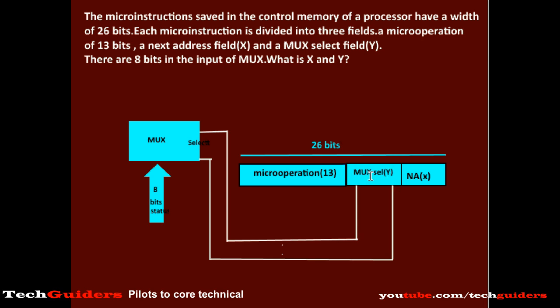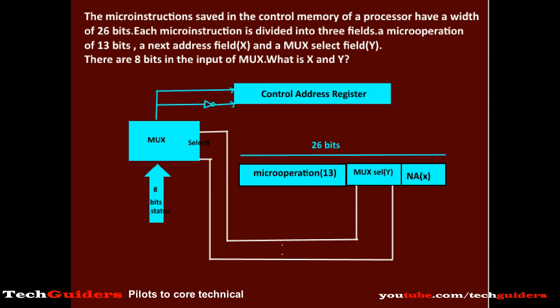The selection bits select one among these input conditions, and if some input condition is true or if the input is set, then the next address will be the address from the next address field of the control word. Else, if the condition is false or if the input is not set, then the control address register content can be incremented, or the next address will be the address in sequence.